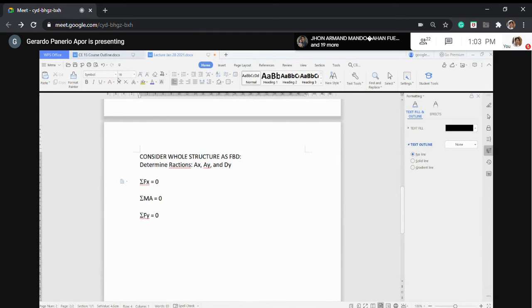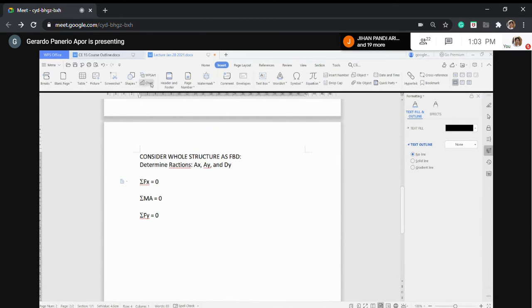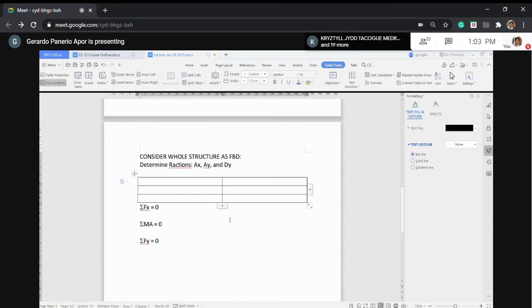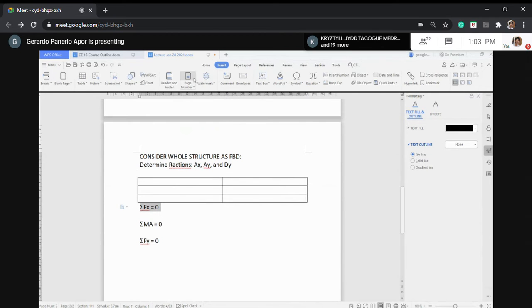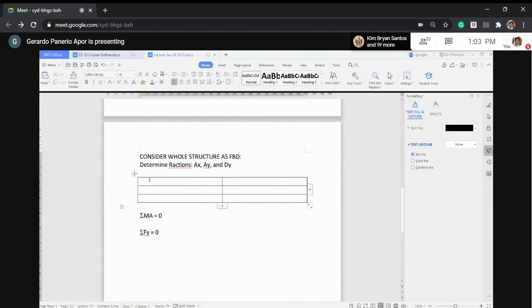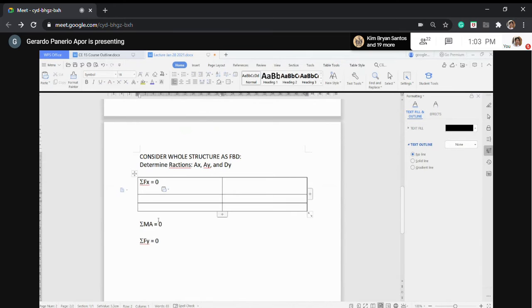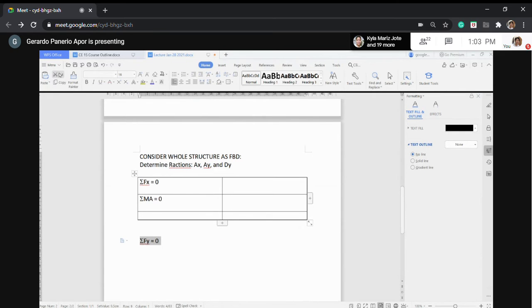Maybe I am going to put that in a box. No, I will insert a box. So I will use this. First, I'm going to cut this one and put it here. Cut that one and put it here. Cut that one, put it here.